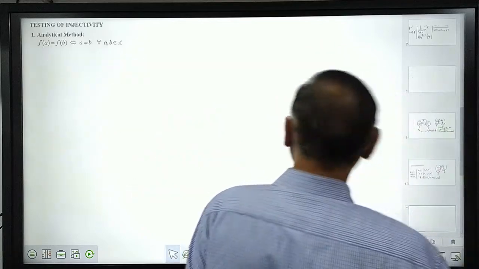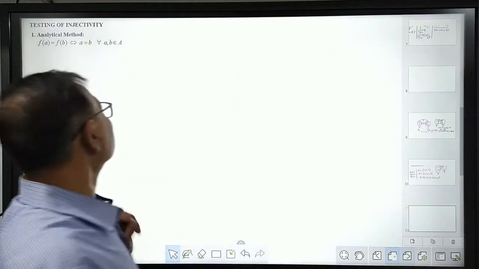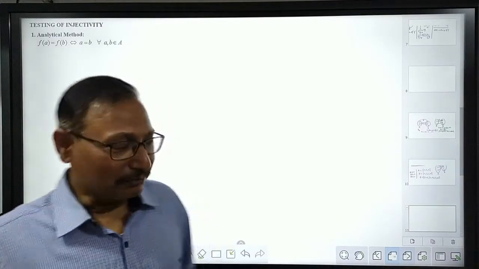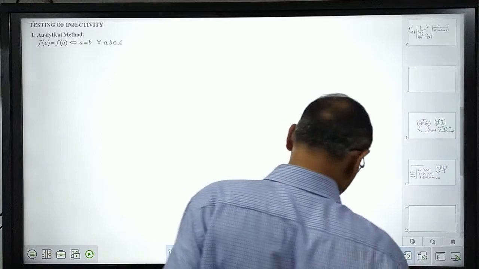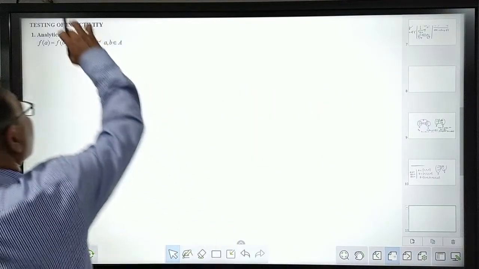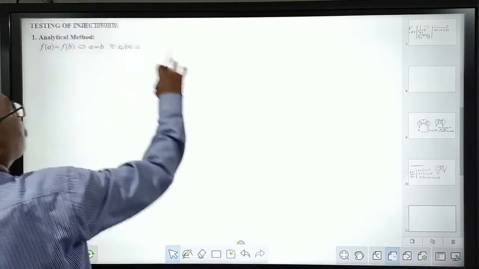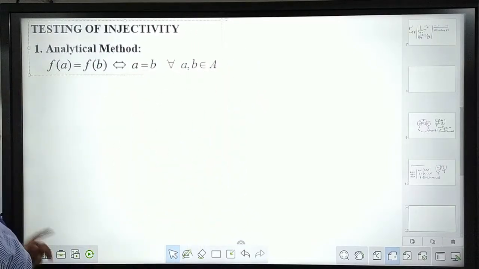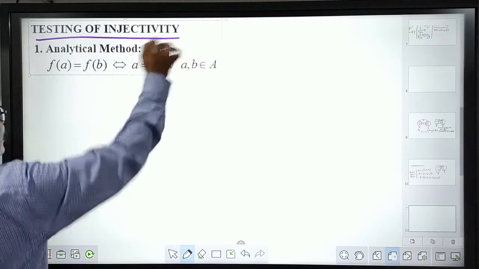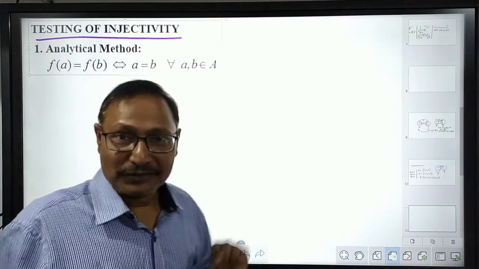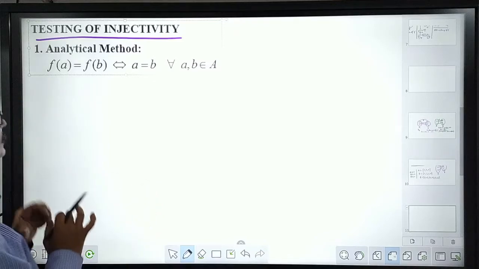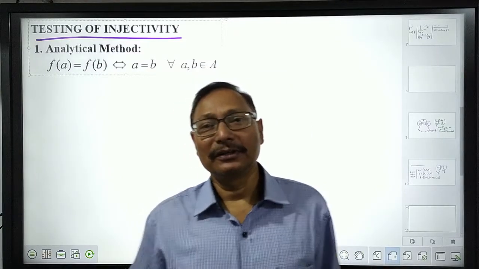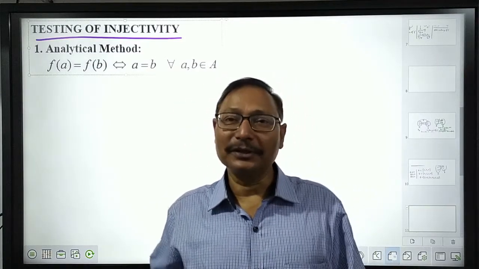And now we want to test the injectivity. In the process of testing injectivity, this is the first way. This is the process by which we will check whether any function is injective or not.